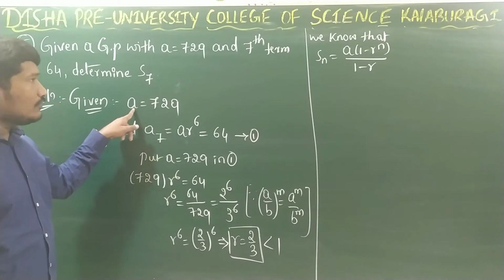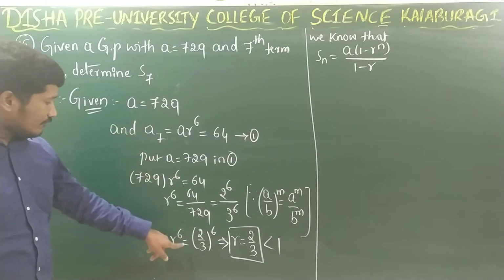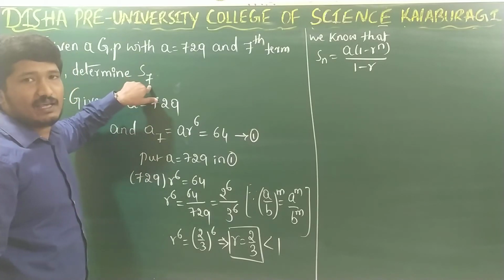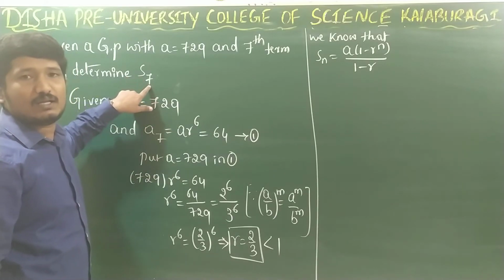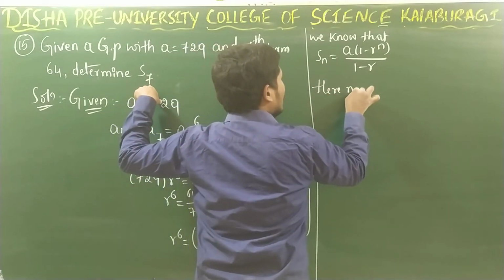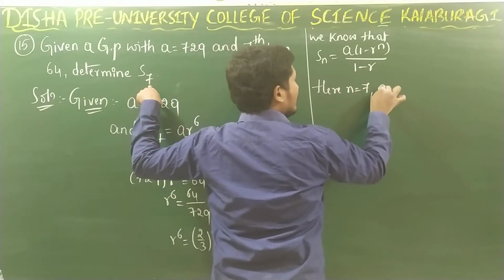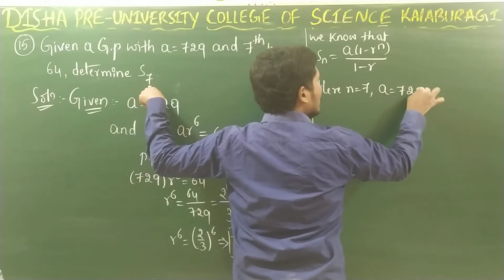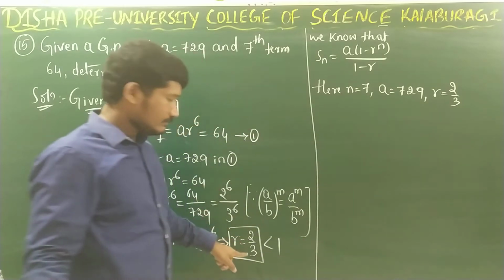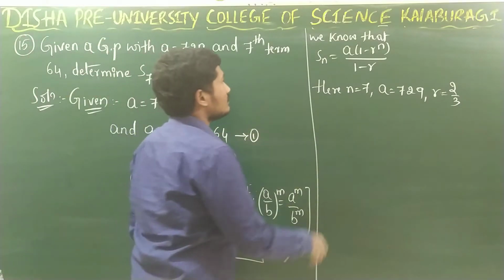So we have the value for a, we have got the value for r, and we also know the value for n. N is equal to what? 7. So let us substitute in this. Here n is equal to 7, a is given as 729, and the common ratio is obtained as 2 by 3. Right? So let us substitute in this.